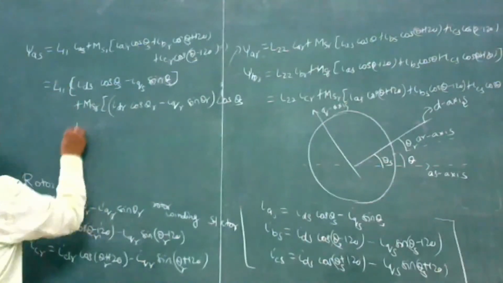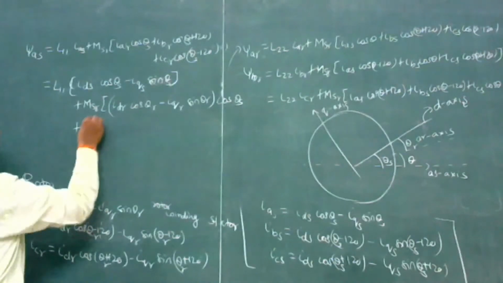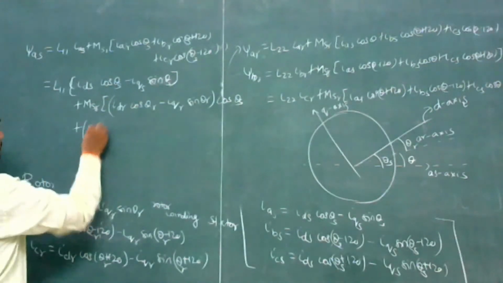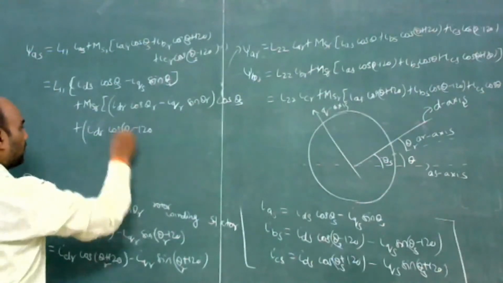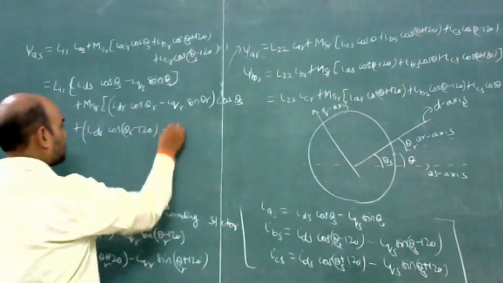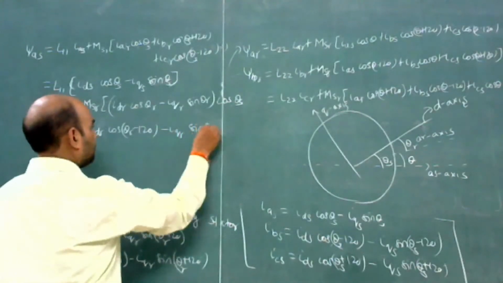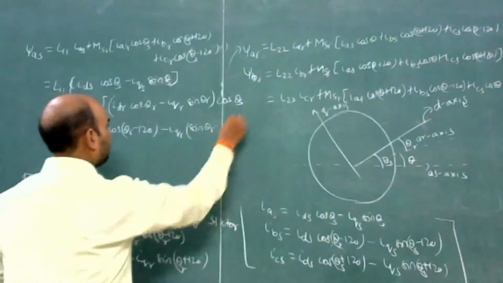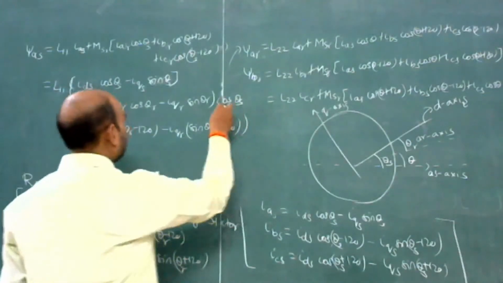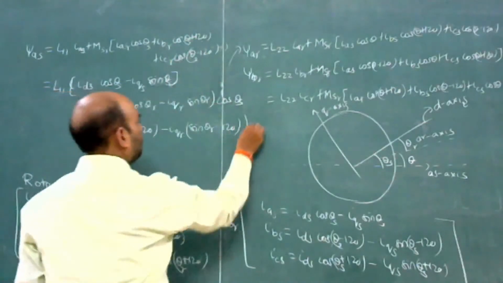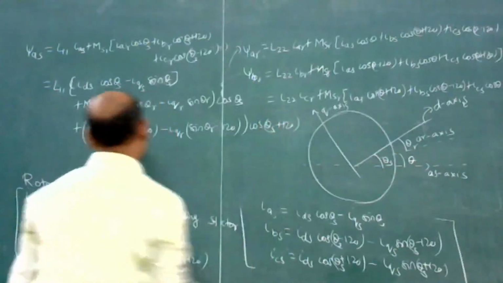Okay. Plus IBR, which is IDR cos theta r minus 120 degrees minus IQR sin theta r minus 120 degrees, multiplied by cos theta s plus 120 degrees.